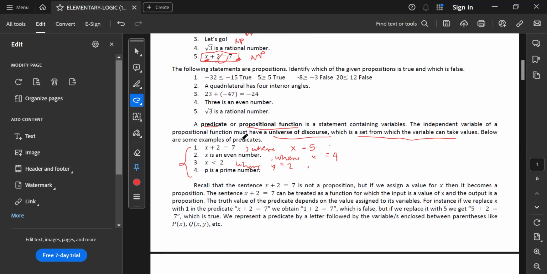For example, for 1, 2, 3, 4, the universe of discourse is the set of real numbers. This is where 5, 4, 1, 2 come from, the set of real numbers. So x is an element of the real numbers.